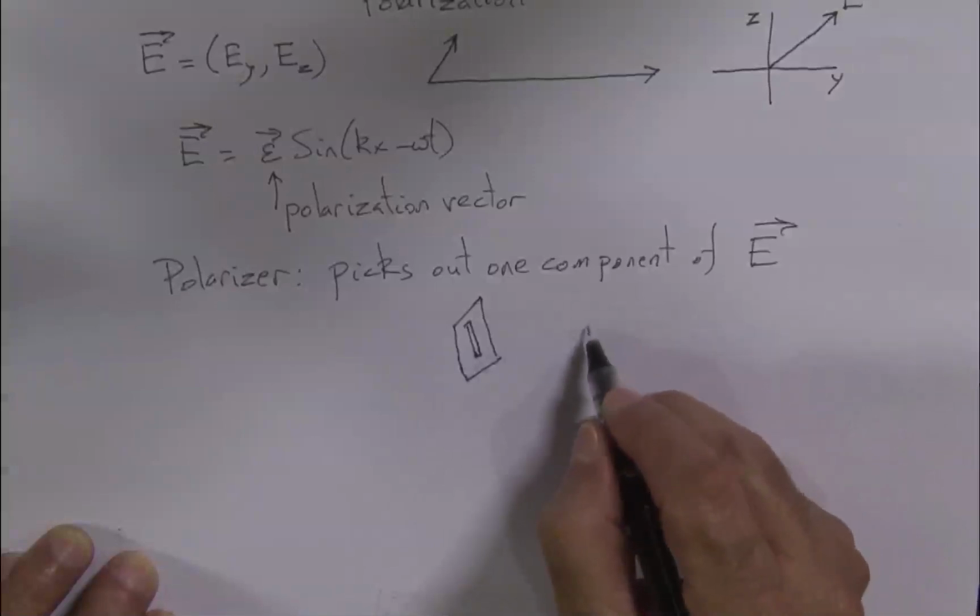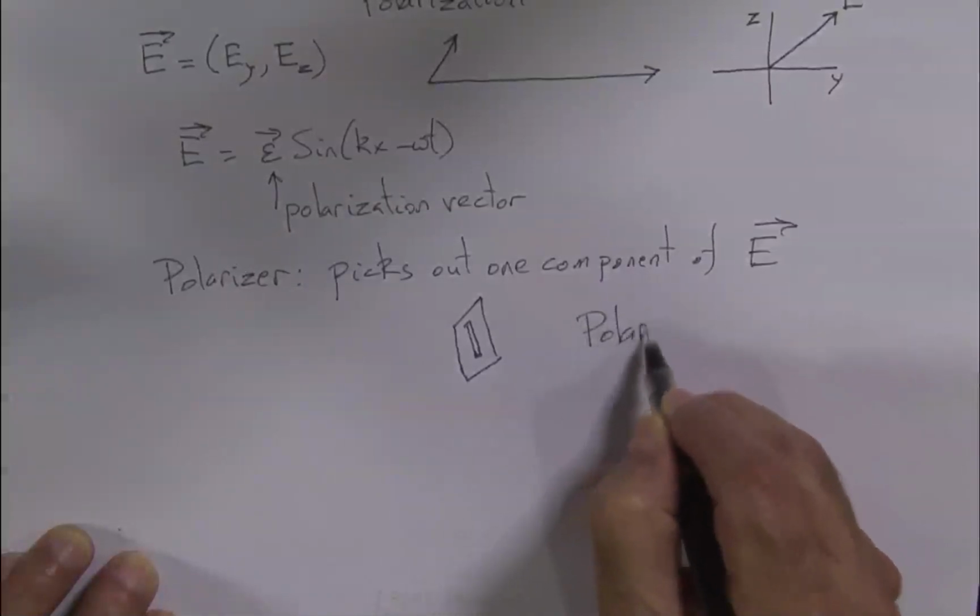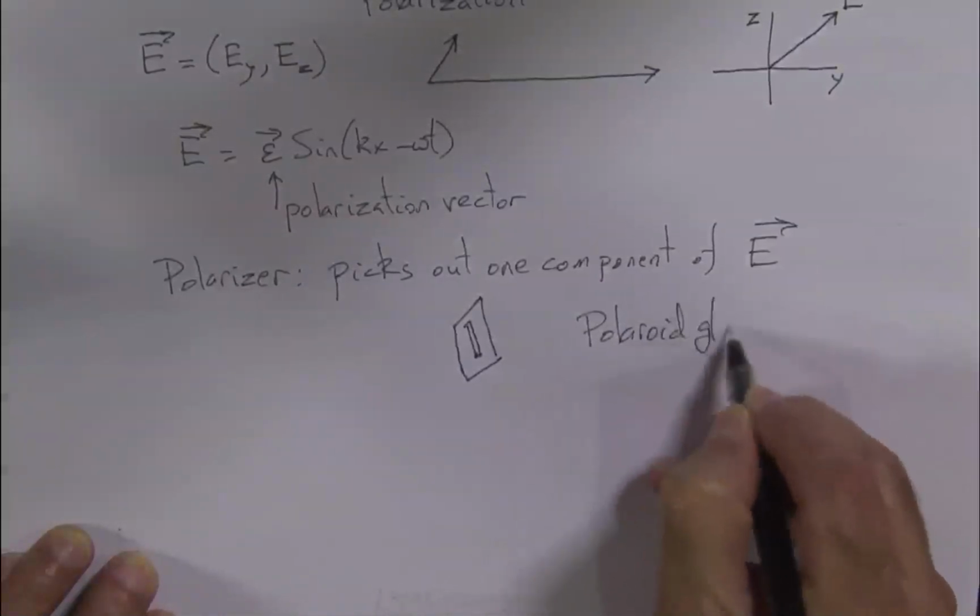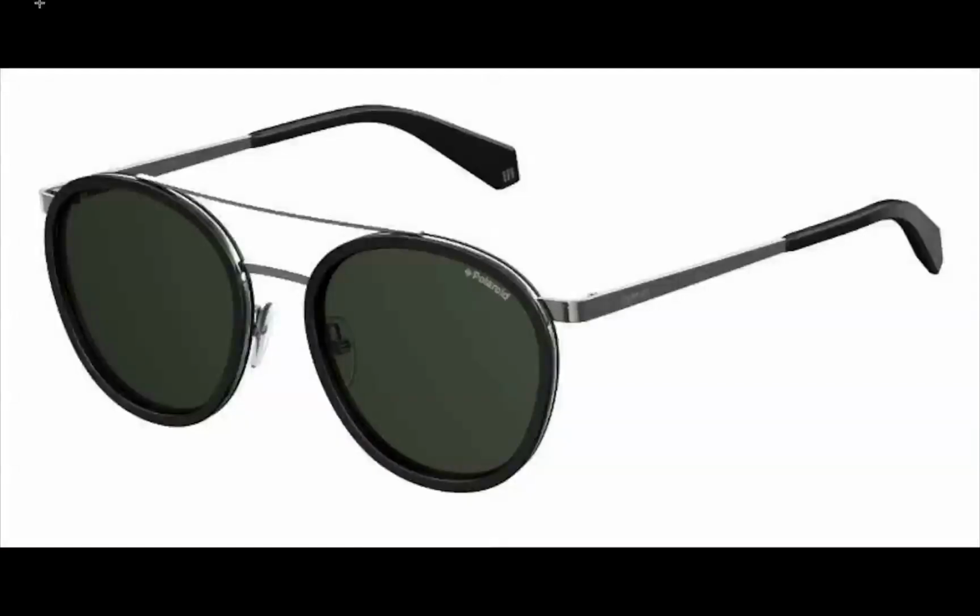This is the principle of Polaroid glasses. Now, Polaroid glasses help you avoid the glare when you look into bright sunlight. And of course, they have many, many other uses as well.